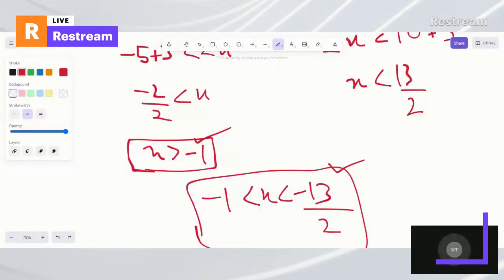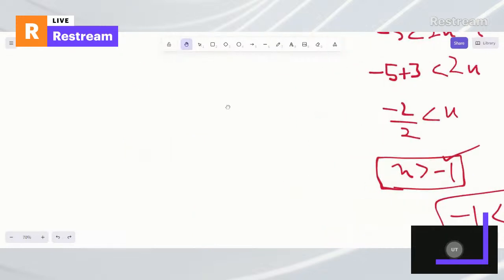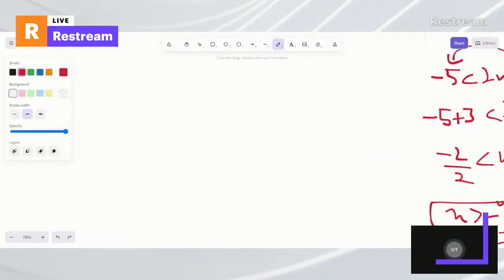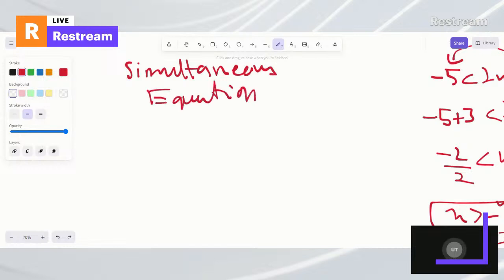Now let's move on to another topic, which is called simultaneous equations. What are simultaneous equations? Simultaneous equations means that we're going to solve two equations side by side.